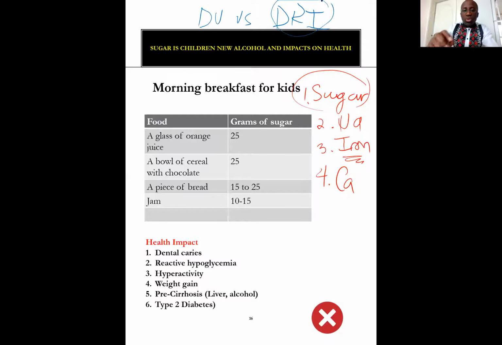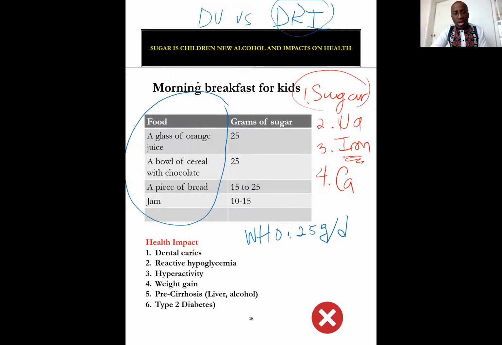The World Health Organization recommends 25 grams of sugar every day. But if you look at this table, what do we see? We see that a glass of orange juice already has 25 grams of sugar. So this is where we have the alert.